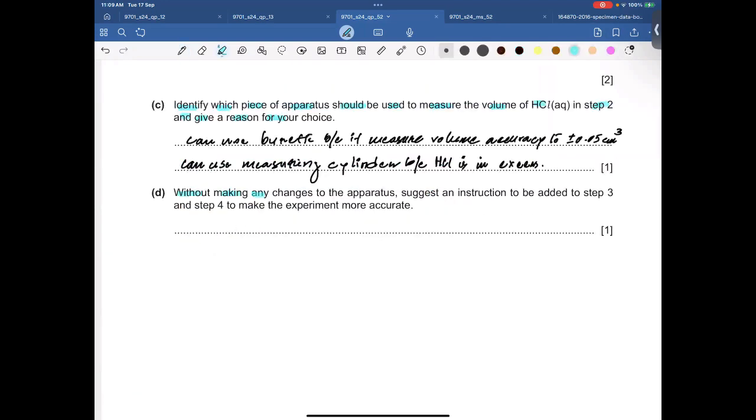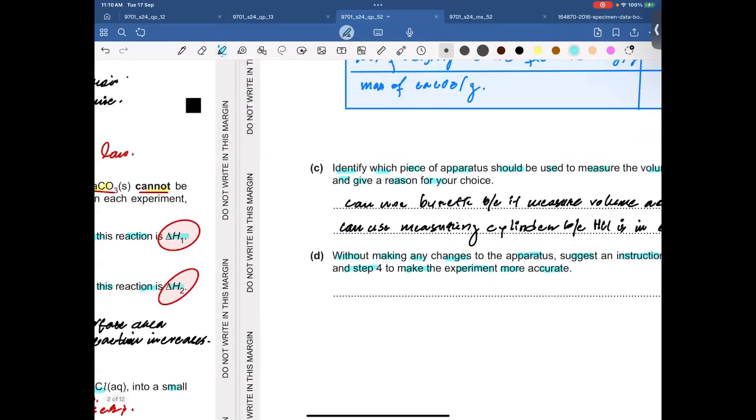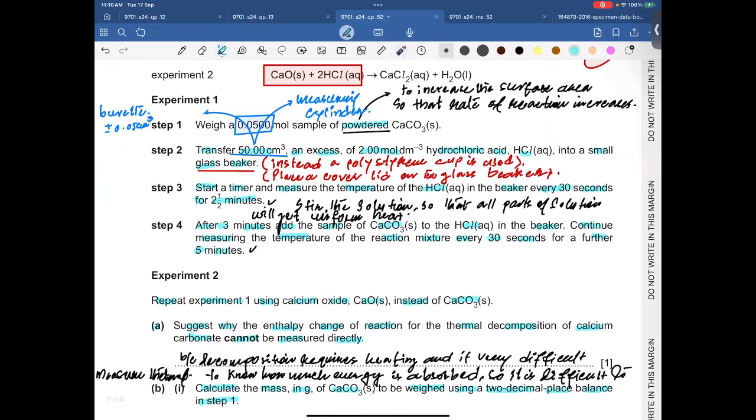Without making any changes to the apparatus, suggest an instruction to be added to step 3 and step 4 to make experiment more accurate. For accuracy of the experiment, step 3 and step 4, we need to stir the solution so that all parts of the solution will get uniform heat.